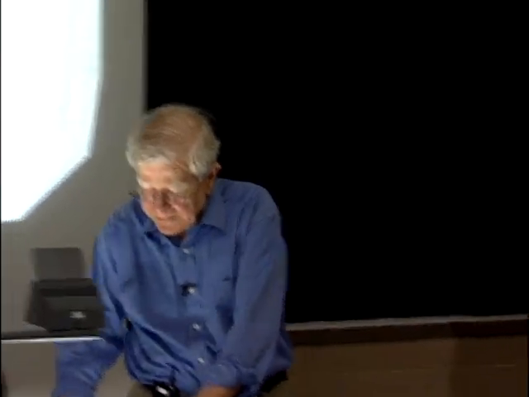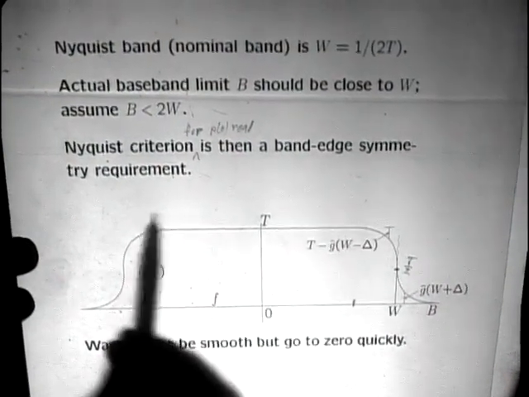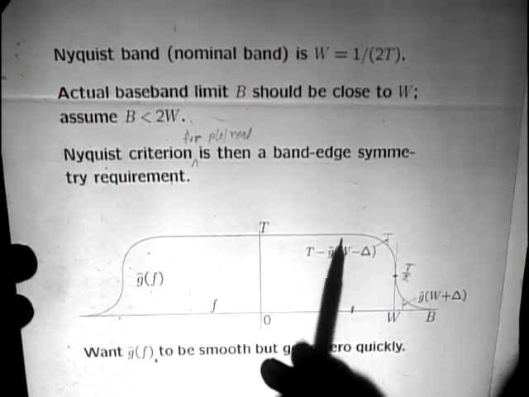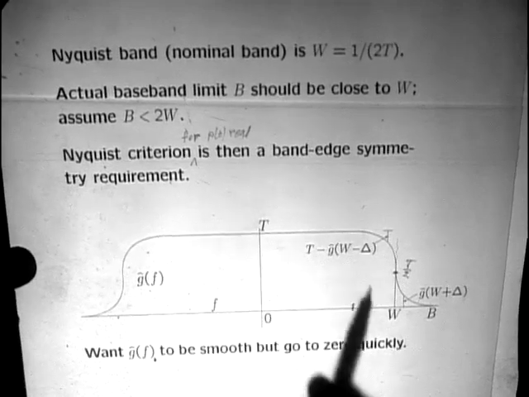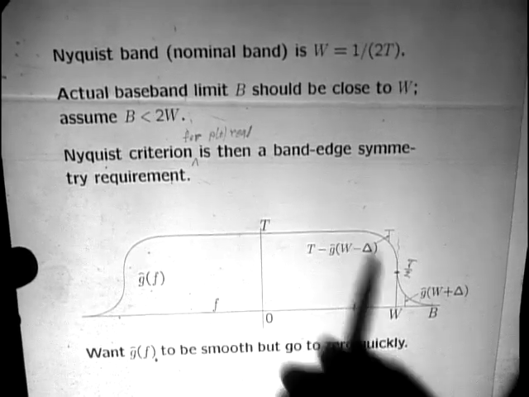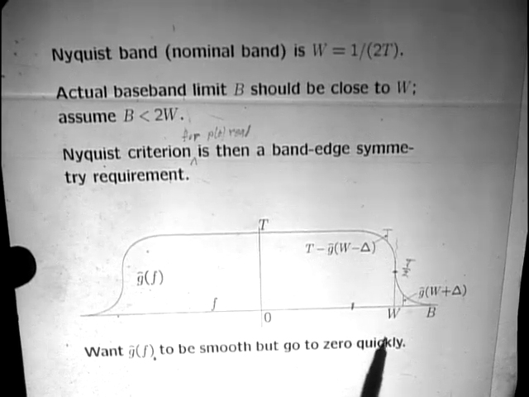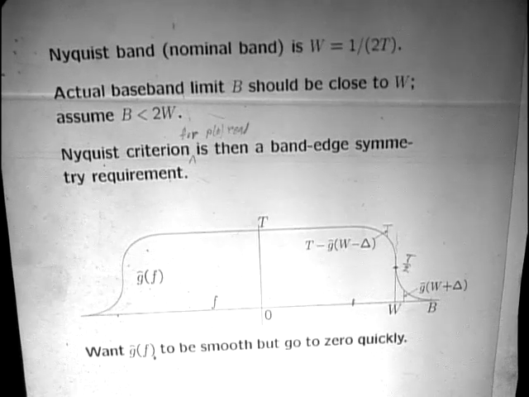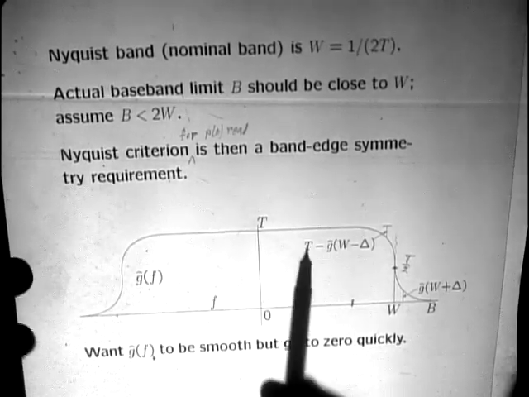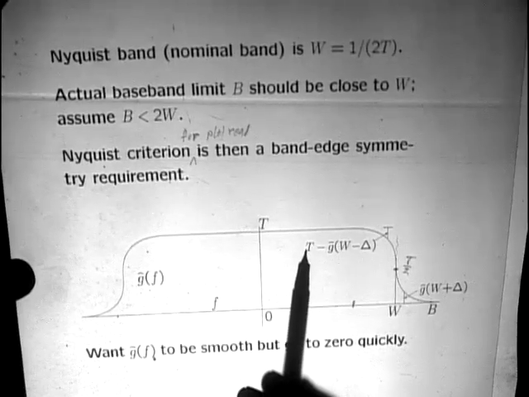So what you want is a pulse which remains equal to T over a wide bandwidth here, which gets down to 0 very, very fast. So the problem is, how do you design something which gets from here down to here very, very quickly and very smoothly? You want it to go smoothly because if you have any discontinuities in g of f, you're back to the problem where g of t goes to 0 as 1 over t.